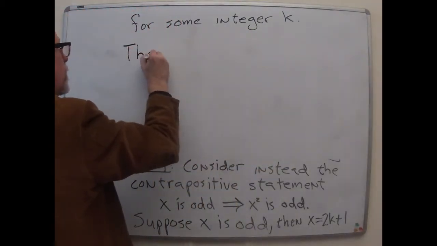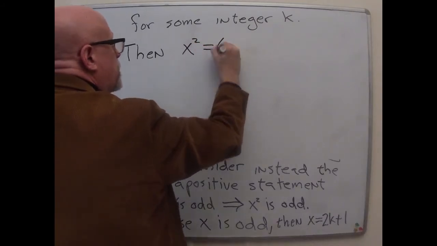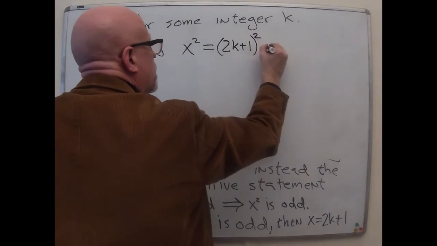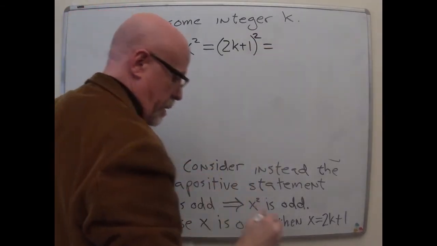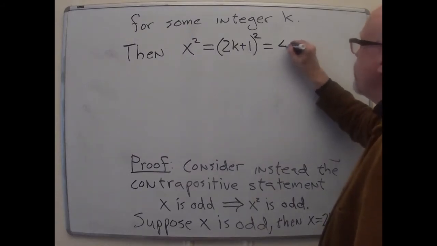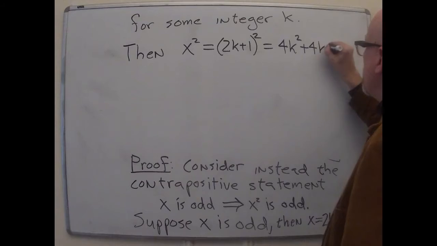Then, well, we're going to want to look at x squared. x squared by substitution is equal to (2k plus 1) squared. That's a pretty easy example of the working with polynomials stuff we did last time. That's 4k squared plus 4k plus 1.